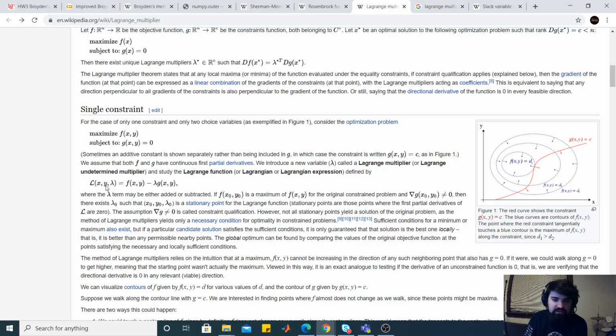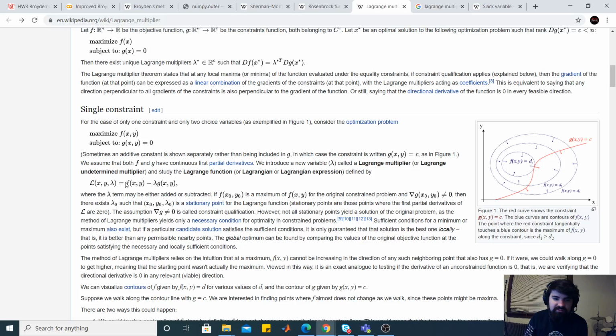By the way, f of x is the thing we're trying to minimize, and g of x, y is a constraint. And this lambda here is the Lagrange multiplier.